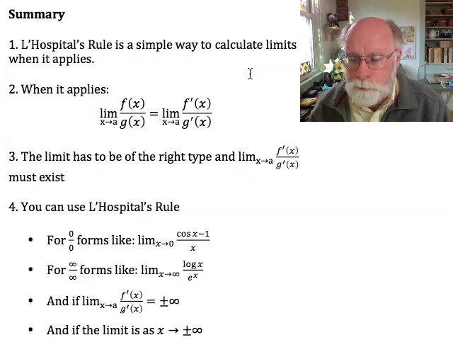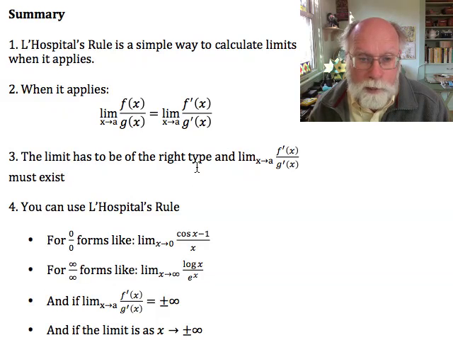When you can use L'Hopital's rule, all you do is take your limit of f over g and evaluate instead the quotient of derivatives, f prime over g prime. And sometimes that is a simpler limit to do, and so you do that. And you can keep doing that, taking more derivatives, as long as each one of them is an indeterminate form until the one where you actually evaluate.